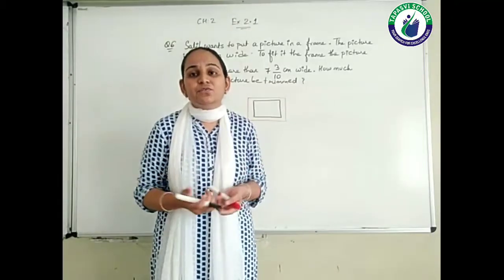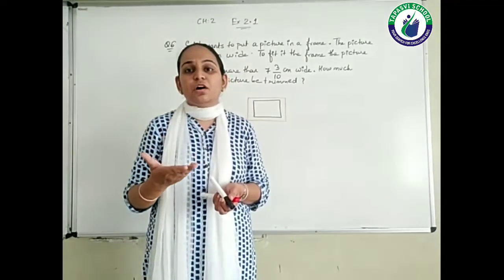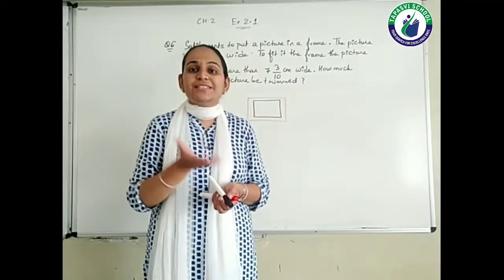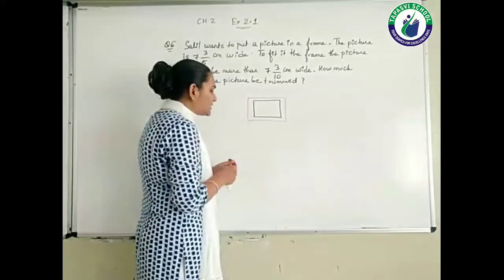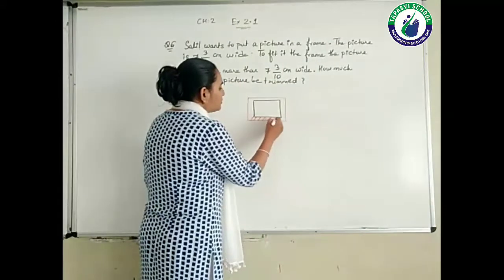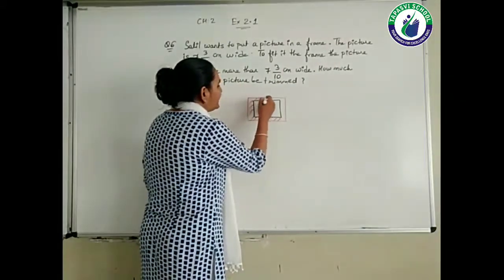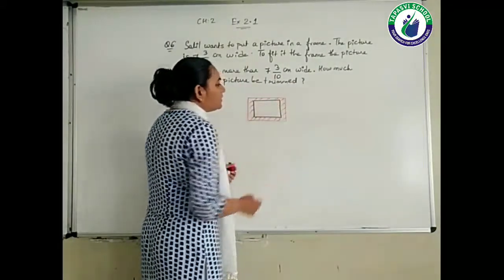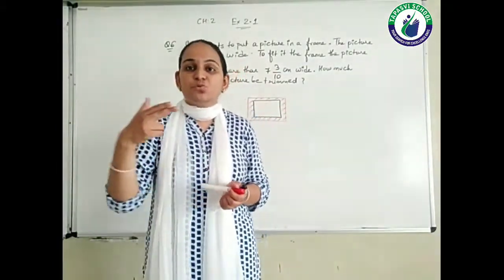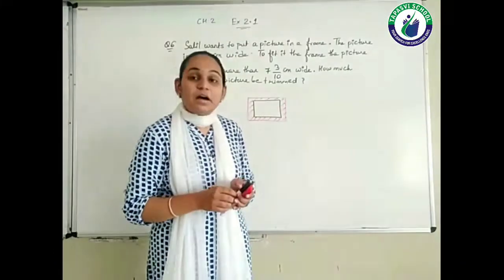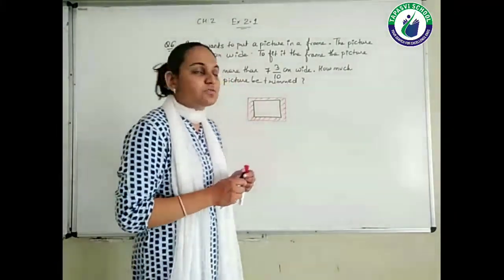So we cannot put the picture inside the frame. Otherwise, what should I do? I have to remove this particular part, that means the extra part needs to be removed. So similarly here also we have to trim. Trim means to cut. So how to solve this? Let's see here, students.